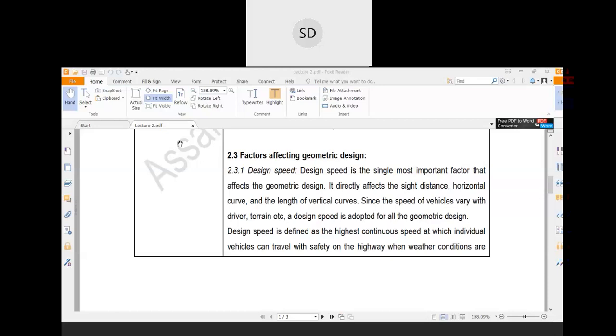Speed study means you have to find out the speed of different types of vehicles, and from that you have to find out the cumulative speed distribution, and from the cumulative speed data you have to find out the 98 percentile speed. That 98 percentile speed is basically your design speed.